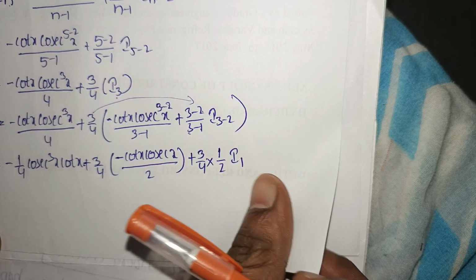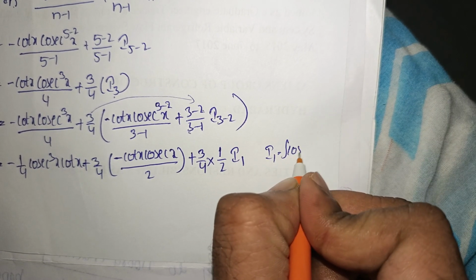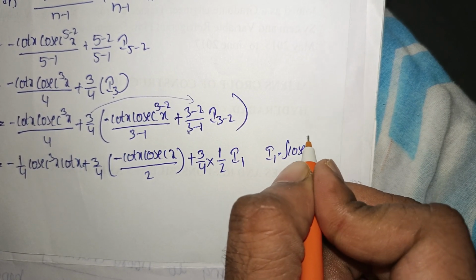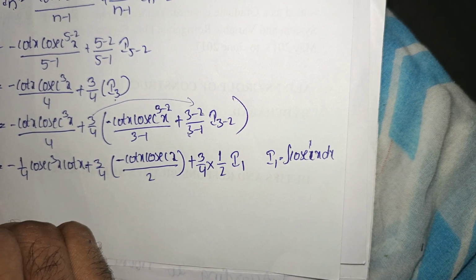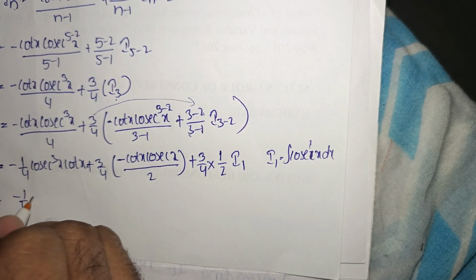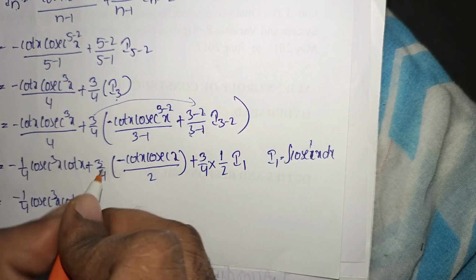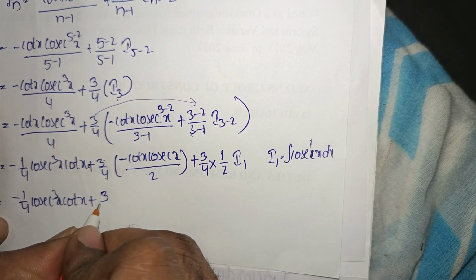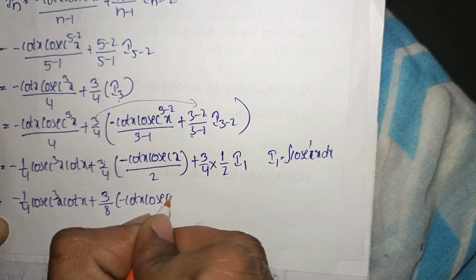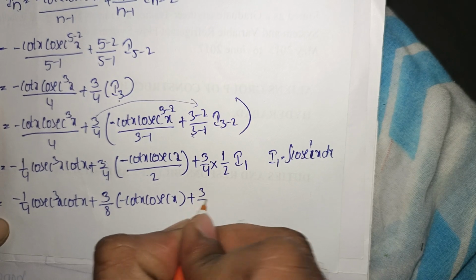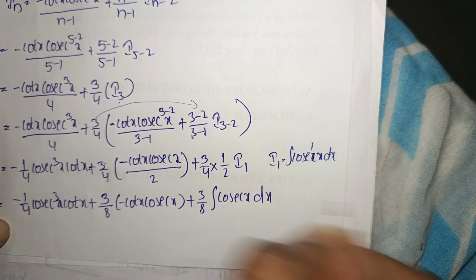What is I_1? I_1 is nothing but the given question, instead of n we write 1: integral of cosecant x dx. Now, minus 1 by 4 cosecant cube x cot x plus 3 by 8, because 4 times 2 is 8, minus cot x cosecant x plus 3 by 8 integration of cosecant x dx.